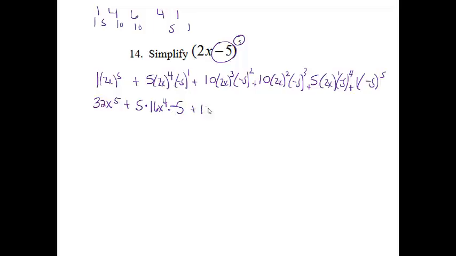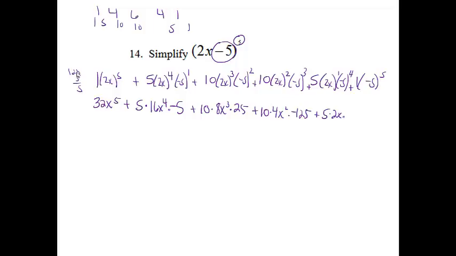And then plus 10 times 8x to the 3rd times negative 5 squared, which is 25. And then plus, let's see, 10 times 4x squared times negative 125. And then plus 5 times 2x times negative 5 to the 4th. I think it's 625, but let's just do this real quick to make sure.